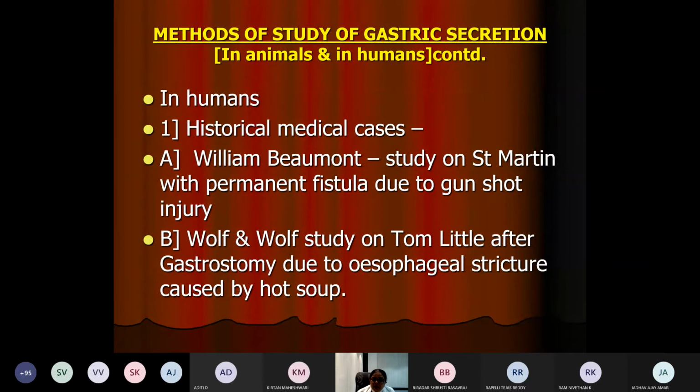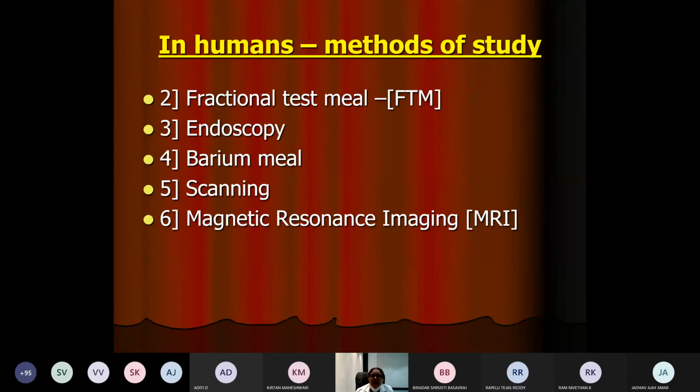In humans, methods of study: fractional test meal, endoscopy, barium meal, scanning, magnetic resonance imaging, that is MRI.